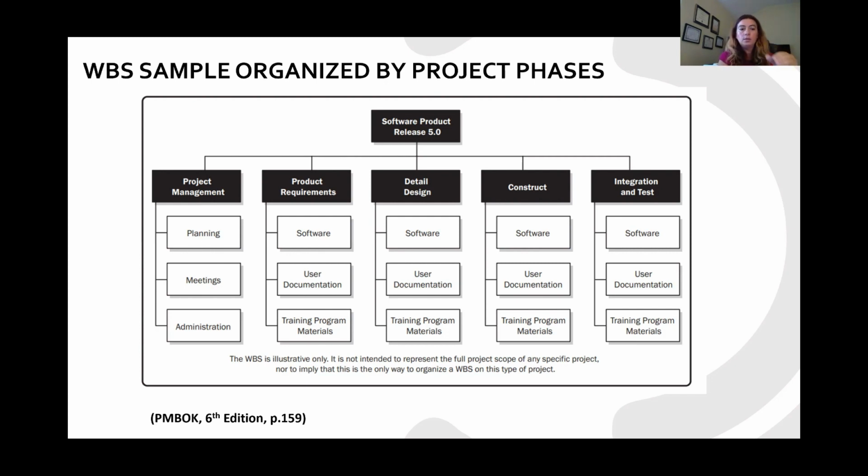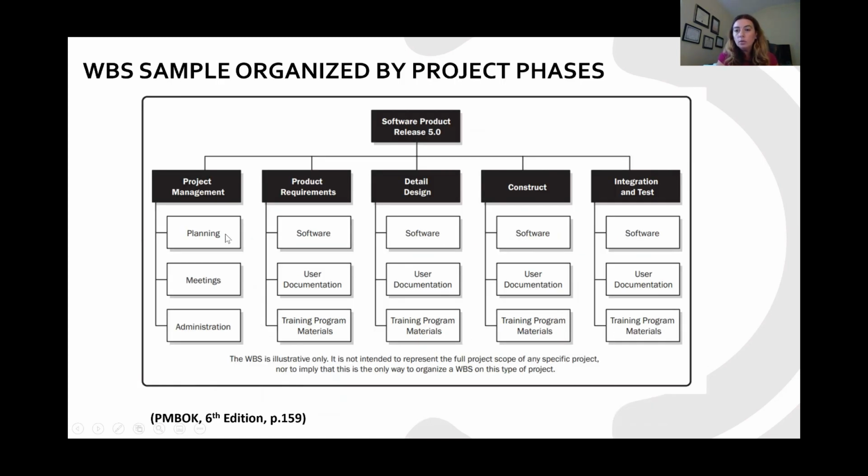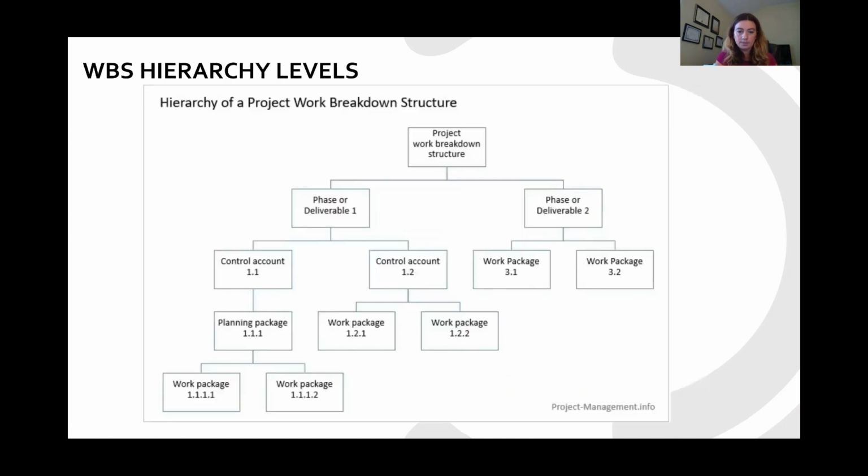They are called, as you can see, work packages. So actually, what I'm going to do to accomplish planning, what I'm going to do to accomplish meetings. Now, I'm going to write an email, I'm going to communicate my meetings, I'm going to send out a meeting invite, and so on. Just find a couple of work packages.